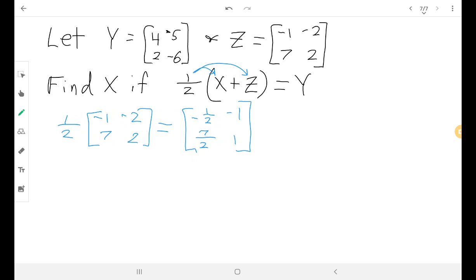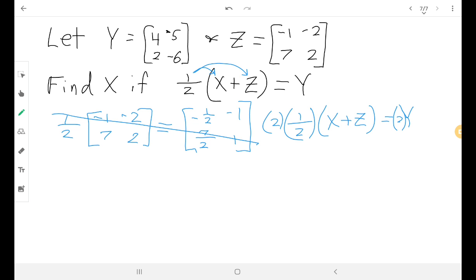So what I would rather do is look at this and say, is there an alternative to distributing that? It's just a scalar, and we're dealing with an equation. So if I were to multiply by 2 here, I'd get 2 times 1/2 is 1, and then I wouldn't have to deal with distributing that 1/2 at all. And then all I have to do is distribute that 2 to matrix Y.